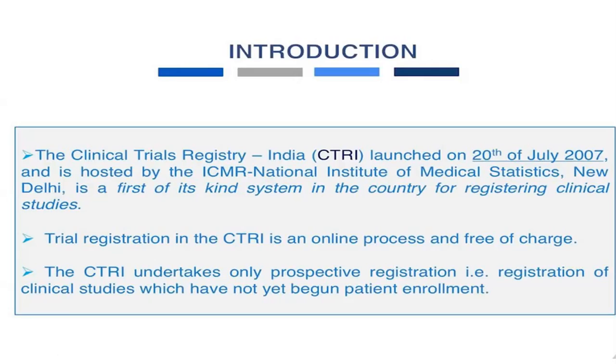The CTRI will undertake only prospective registrations. What does it mean? The meaning of prospective registration is the registration of clinical studies which have not yet begun patient enrollment. So before starting to enroll patients, there is a need to register the clinical trial.